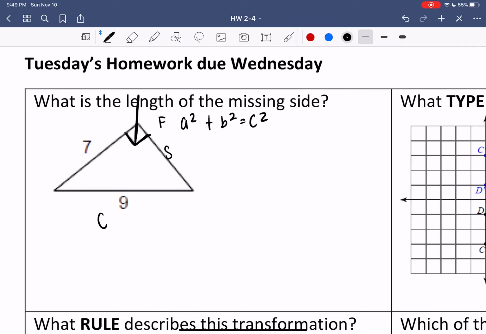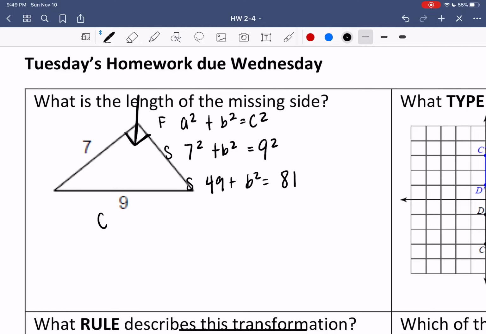And remember, a and b are interchangeable, so it wouldn't really matter which letter I substituted 7 for. So I'm going to just substitute it for a. So 7 squared plus b squared equals 9 squared. And then as I simplify that, I will get 49 plus b squared equals 81.